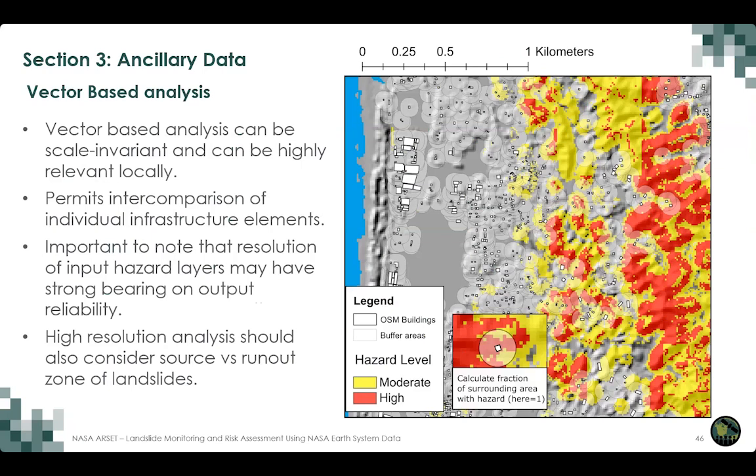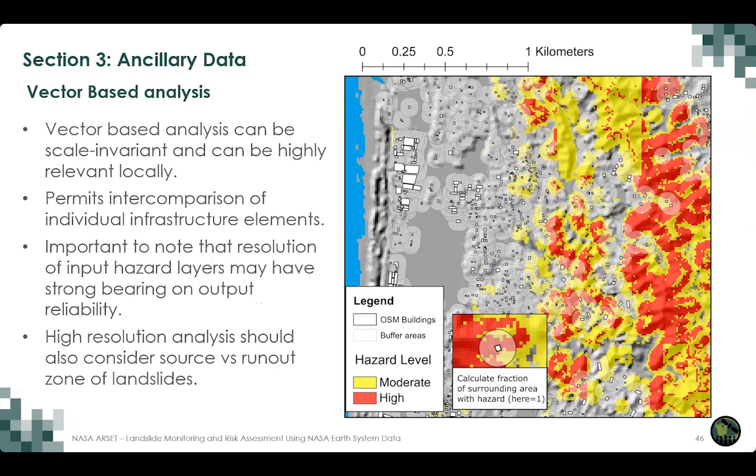So again, there's a trade-off between understanding things at a fine accuracy locally and doing things more comprehensively at a global scale. That tends to be local scale, we think more on a vector basis, and then globally on a raster basis. The only exception here would be potentially linear infrastructure, which can run for very long distances, and combining a vector analysis of that would be a rational way of approaching that.